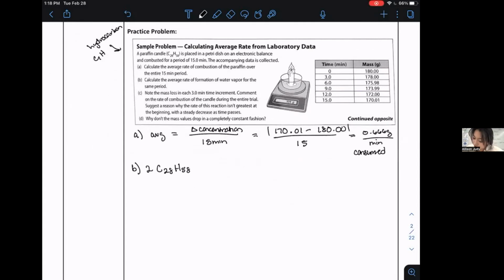I assume you can do it on your own, but just to save us some time, 85 oxygens goes to 56 carbon dioxide and 58 water molecules. Okay, so now we have to relate our paraffin to our H2O production. So it goes 2, 85, 56, 58 as the coefficients.